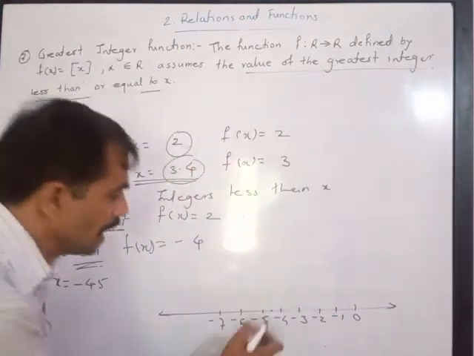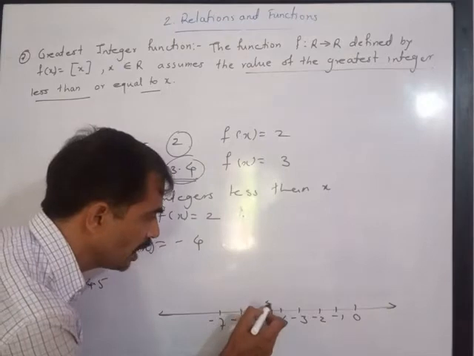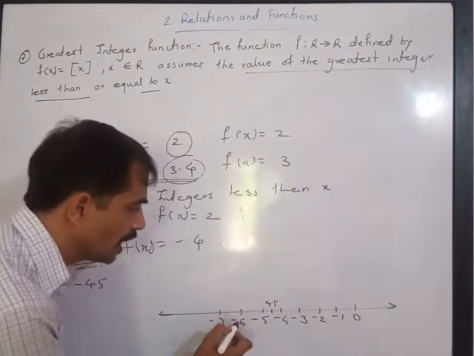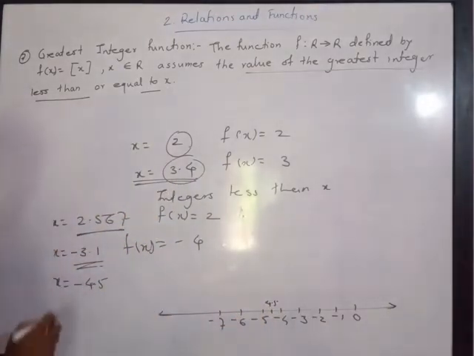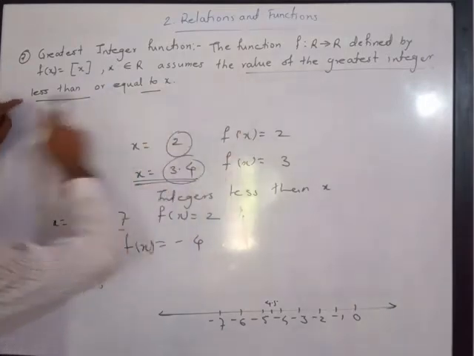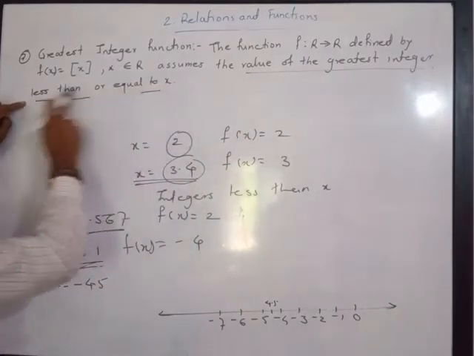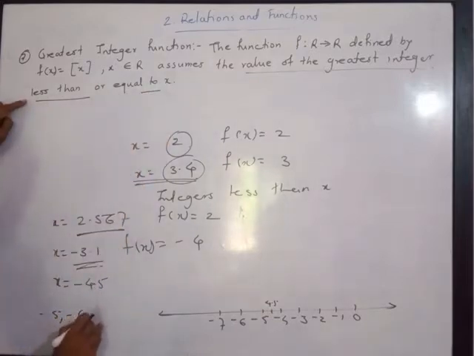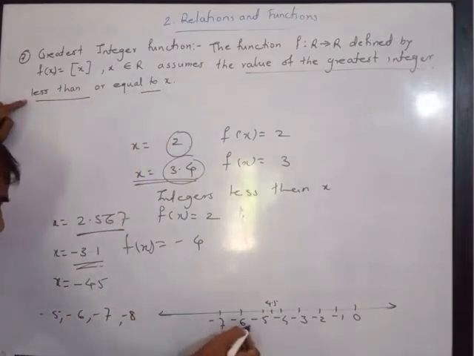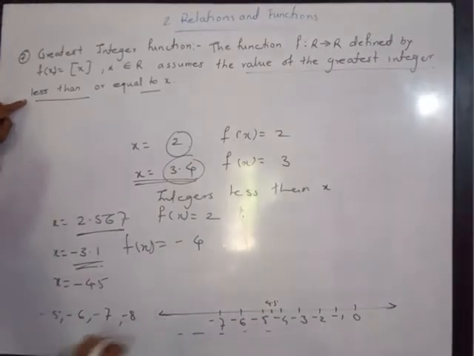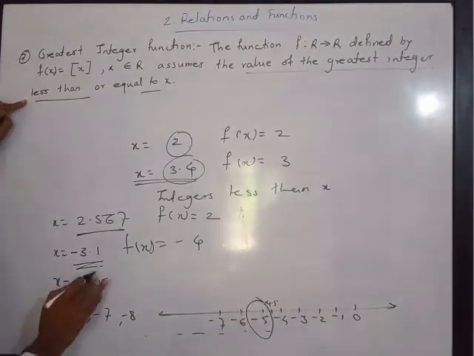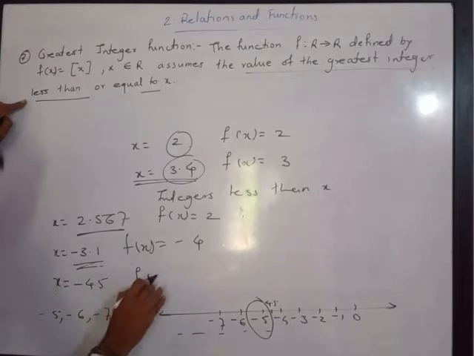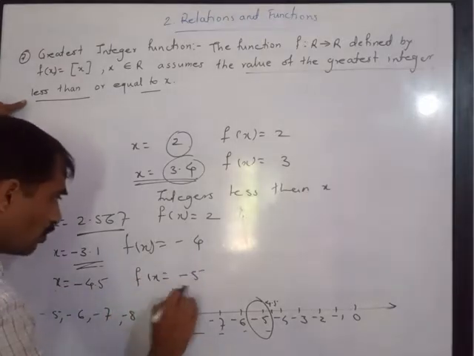So integers less than or equal to x are negative 5, negative 6, negative 7, negative 8, and so on. Among them the greatest one is negative 5. So if x is equal to -4.5, then f of x is equal to negative 5.